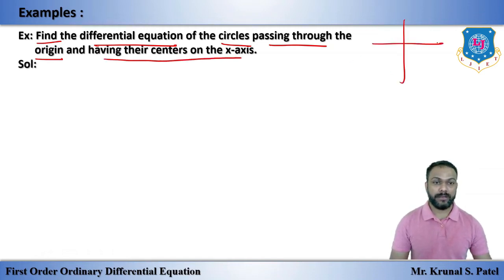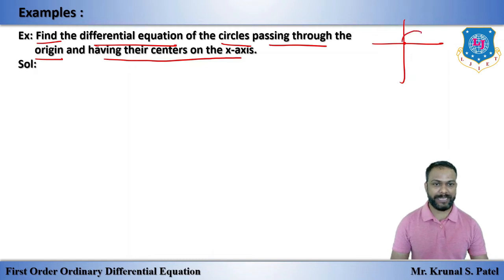So for that you have to find the equation of circle, and you all studied very well in school level how to find the equation of circle with this data, that it's passing through origin. That means this is our origin and having center on x-axis.